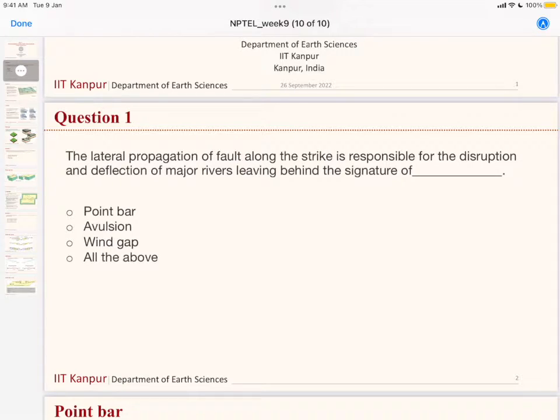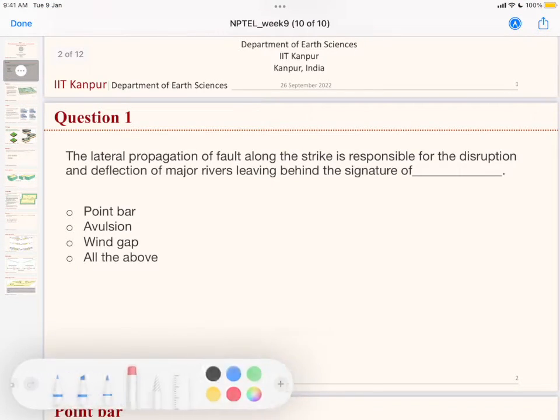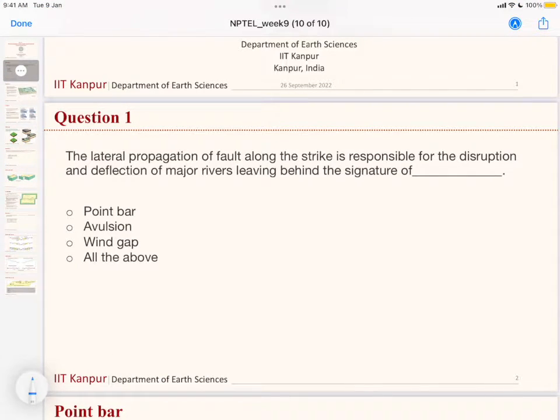So the major keywords of this question are how the fault is creating disruption and deflection of major rivers, or the river path.